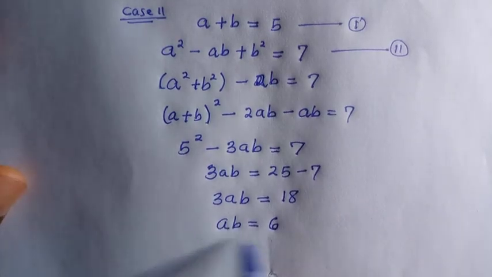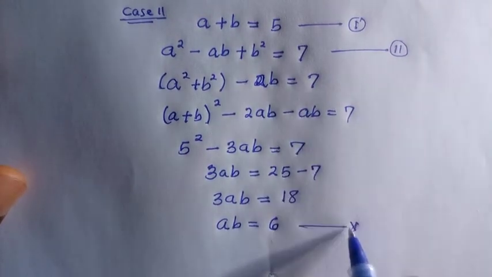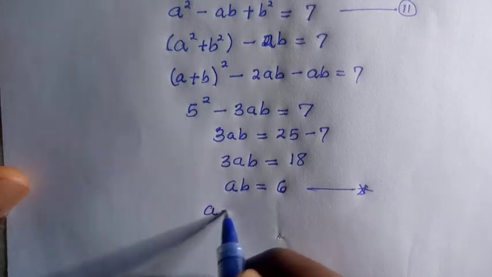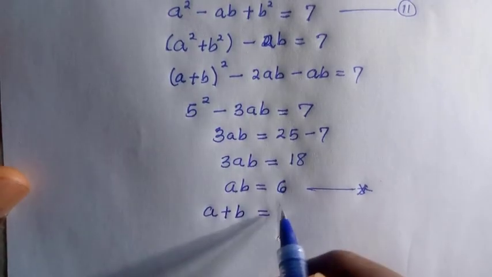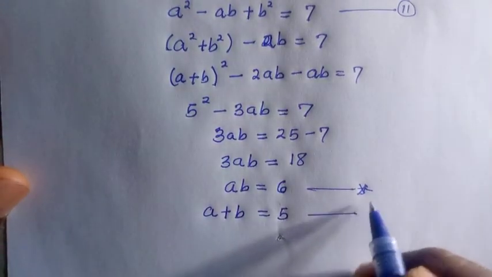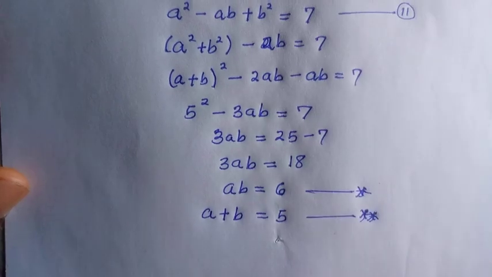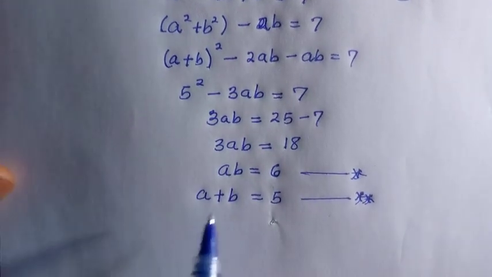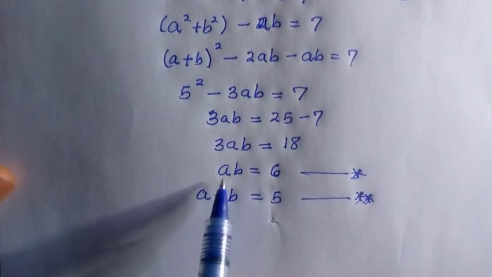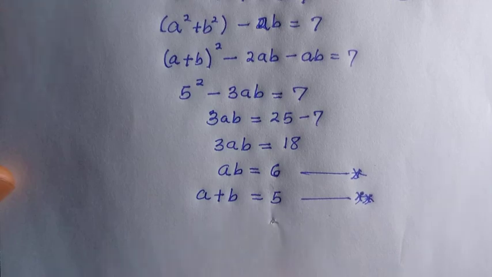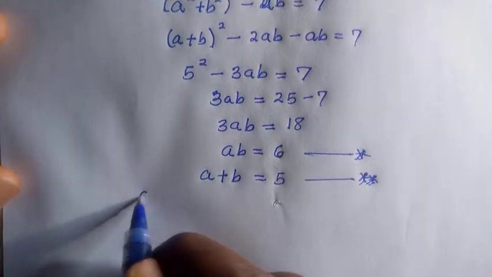Now let's recall from equation 1, which is a plus b equals 5, and we call this one equation star star. In order for us to get ab equals 6 and a plus b equals 5, these are the cases we are going to have.